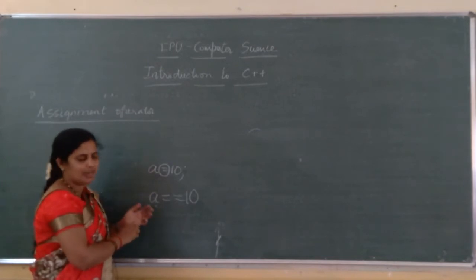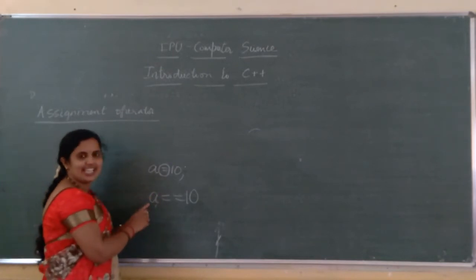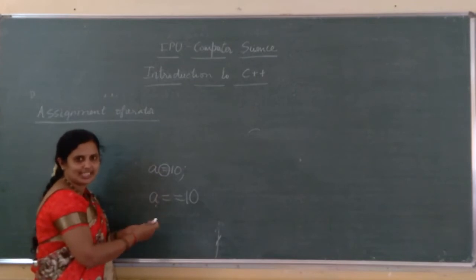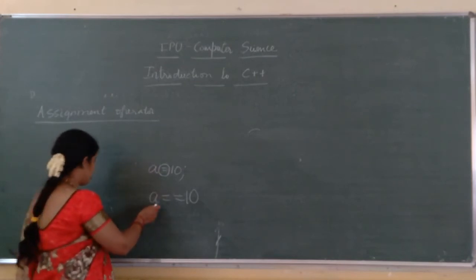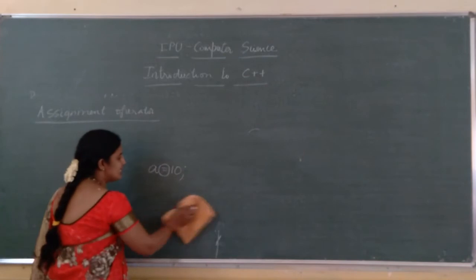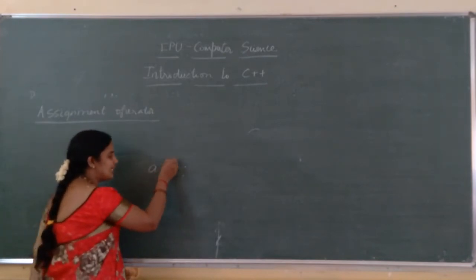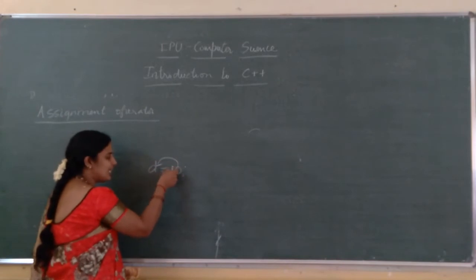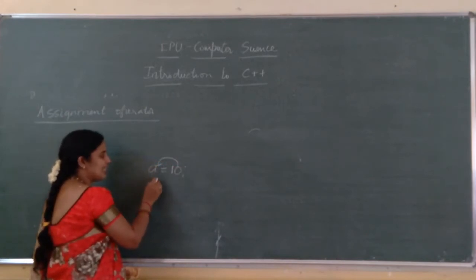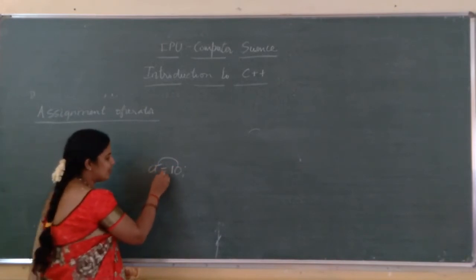If I want to compare, suppose a is equal to 10, if I want to check, then I have to use a double equal like this. Suppose I want to assign 10 to a, assigning the value of 10 to a, then I use the assignment operator.